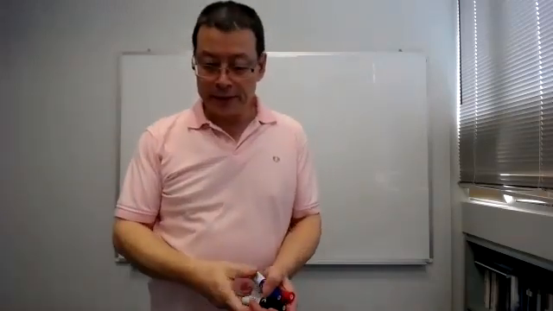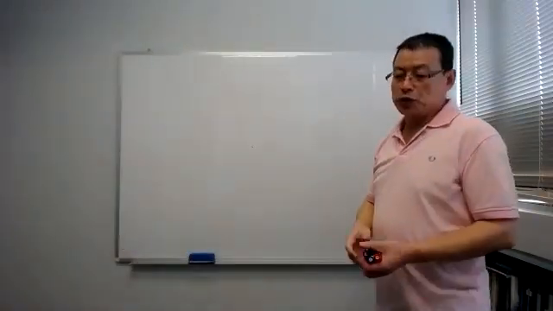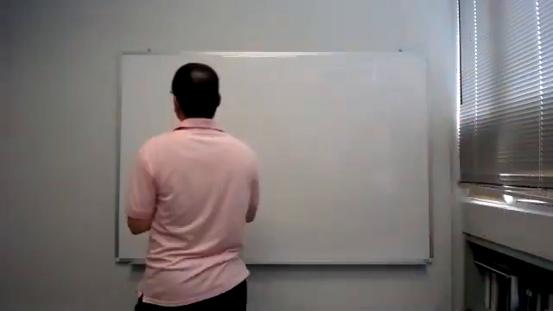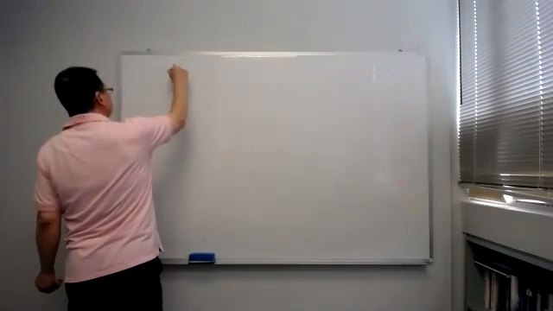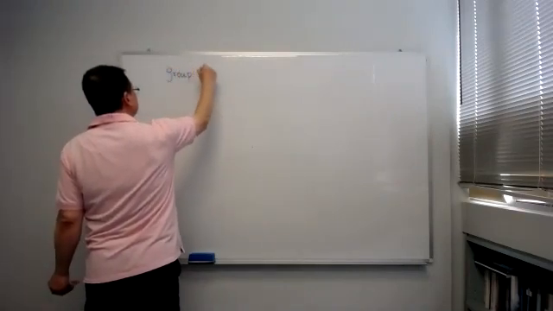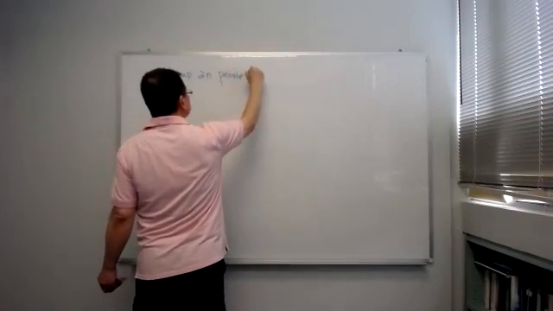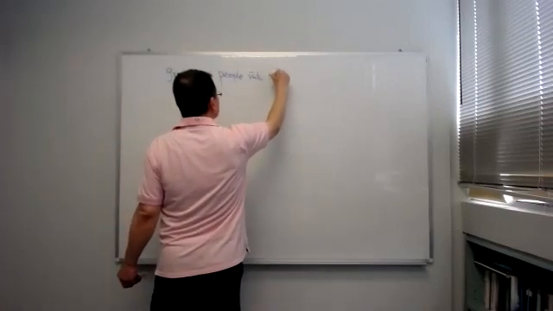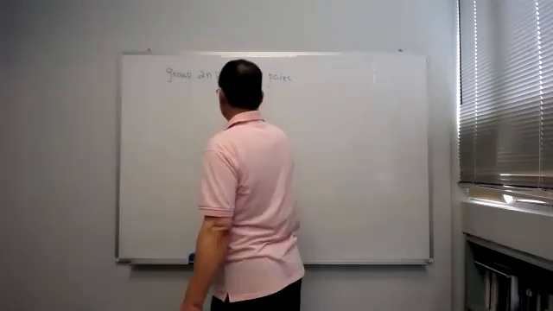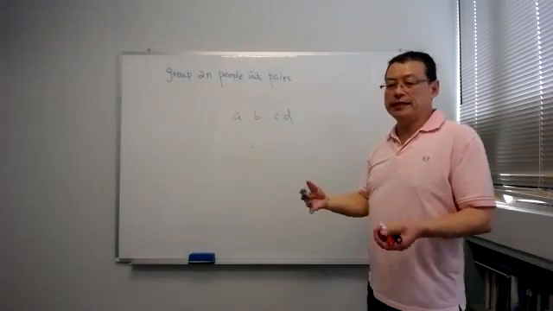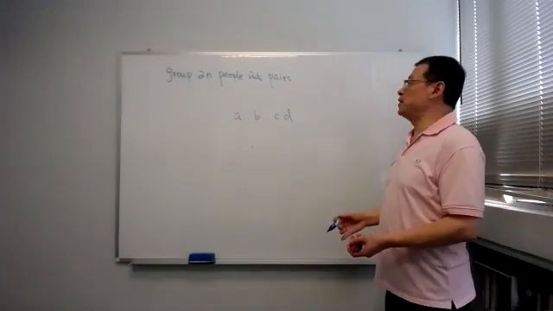Let's consider the number of ways to group 2n people into pairs. So if we have people A, B, C, D, we want to find the different number of ways of grouping these people into pairs.